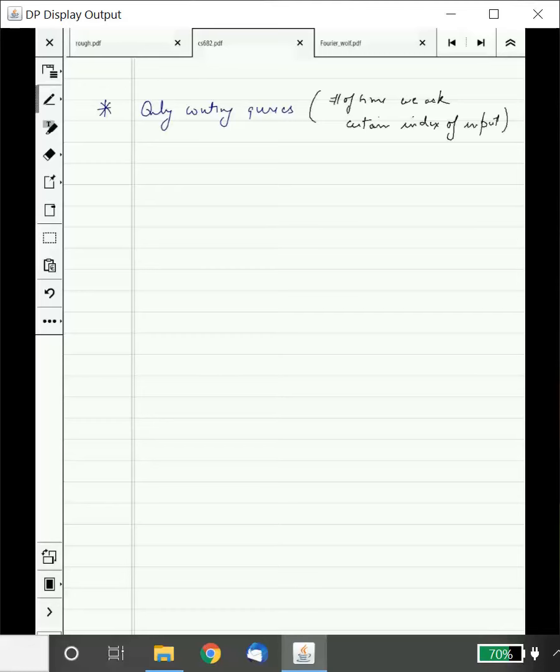Classically, if I'm interested in computing a function like this, then my input is a string of length n. I can think of it as x1 to xn. My input is x, my target is to compute f of x.